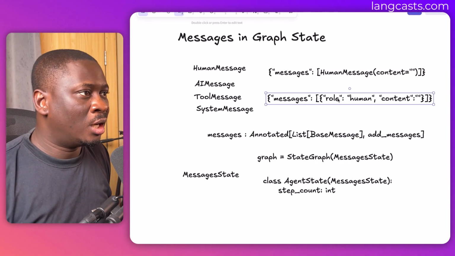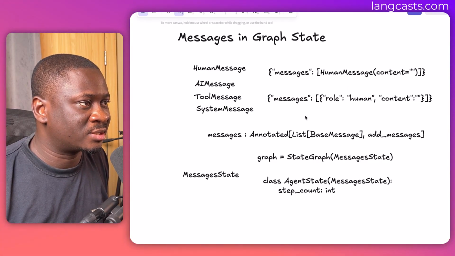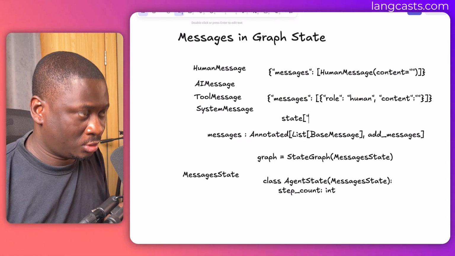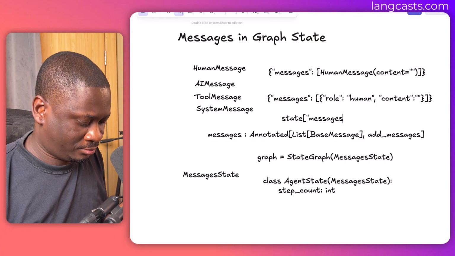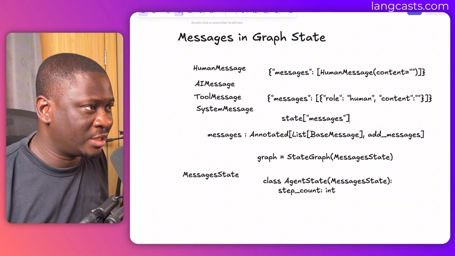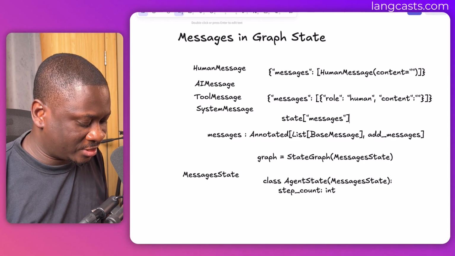Either way, you can access them the same way. If I'm going to access this, I'm simply going to say state messages. So I get my messages key from state. And let's say I want to get the very last message.